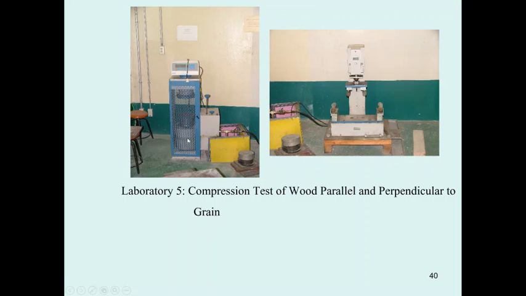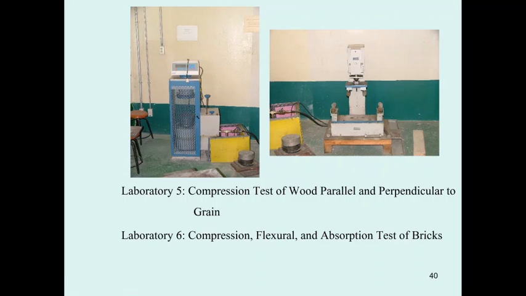By pushing this up, you apply compression to the material, such as wood, concrete, or brick. And if you would like to measure the displacement of this moving part, you can put a strain gauge in between these two portions.